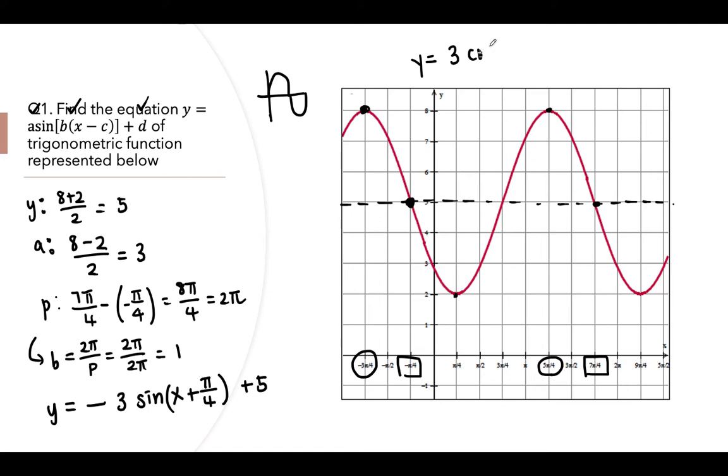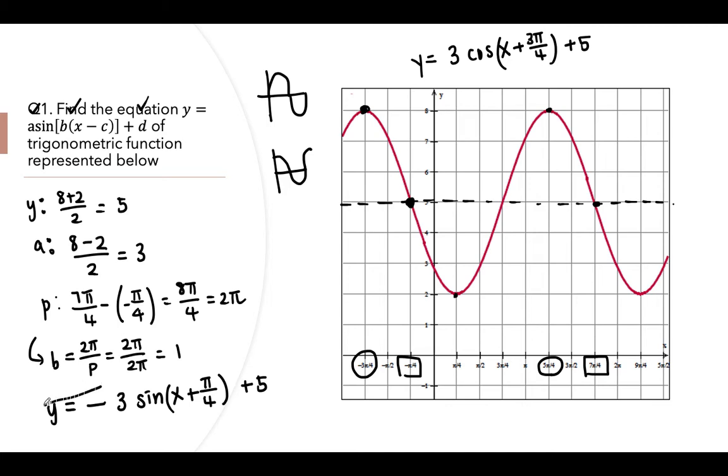3 cosine. There's no reflection because we're starting from the highest, because for cosine it's high and then low, high. So 3 cosine x plus 3 pi over 4, again the opposite, and then plus 5.